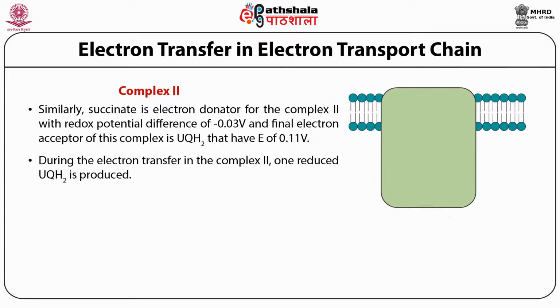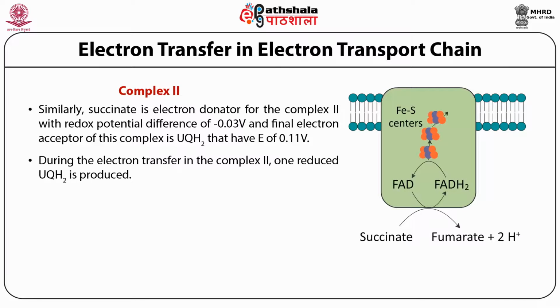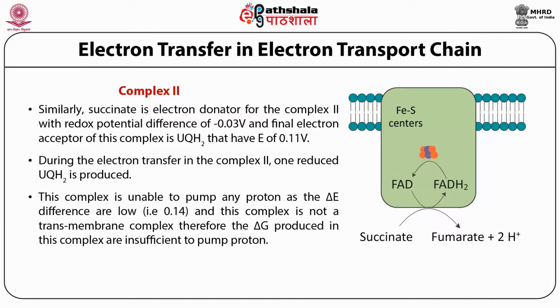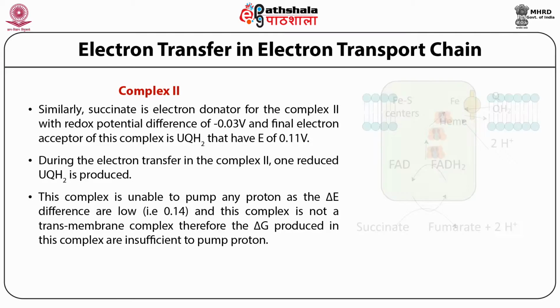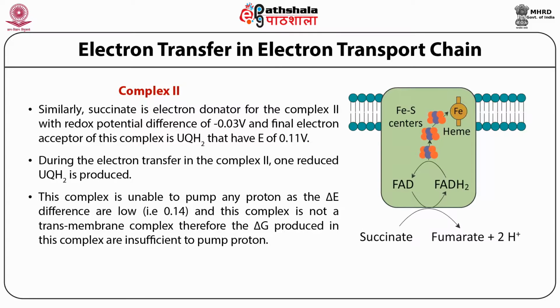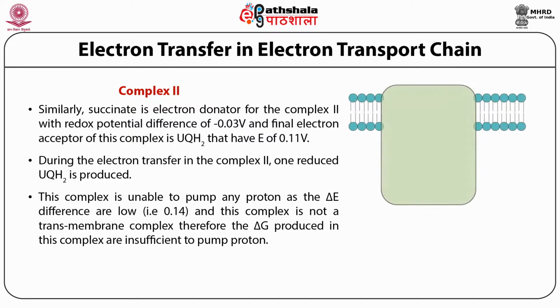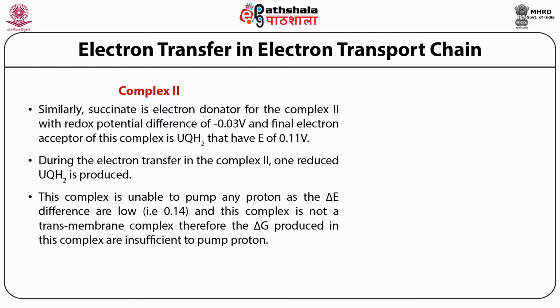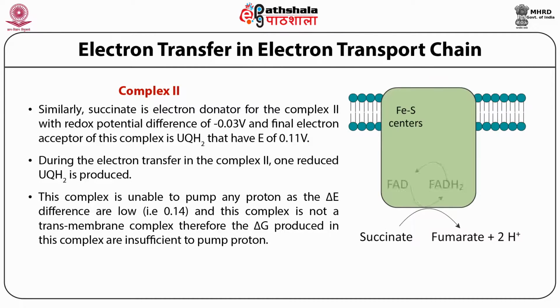During this electron transfer, one reduced ubiquinone is produced, but this complex is unable to pump any protons. There are two reasons for it. First, it is not a transmembrane complex. So, if you want this complex to pump a proton, it must require more delta G, because the proton has to cross to the outer leaflet of the membrane.